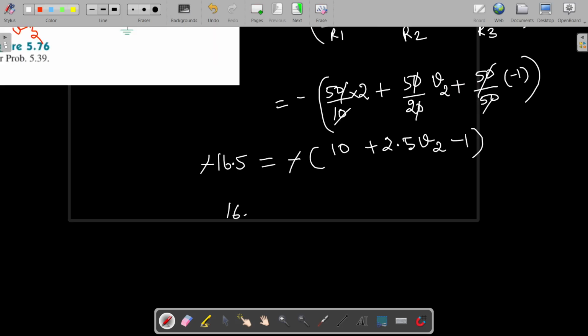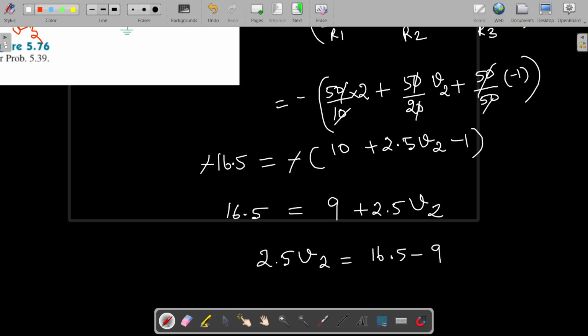So on this side you have 16.5 is equal to 9 plus 2.5 V2, or you can write this as 2.5 V2 is equal to 16.5 minus 9, so that is equal to 7.5. So V2 is equal to 7.5 divided by 2.5, so that is equal to 3 volts.